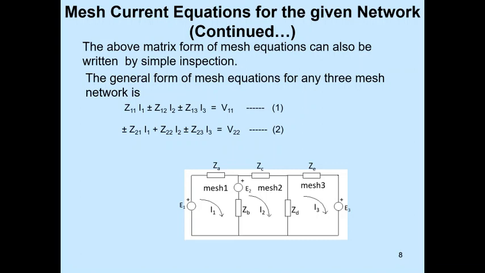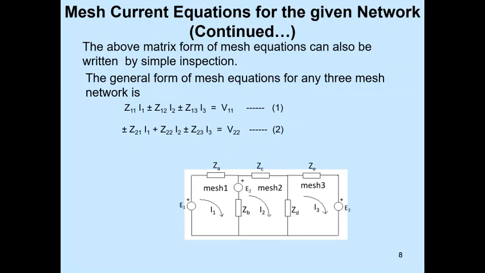What is Z11? Z11 is the input impedance, Z12 is the transfer impedance from mesh 1 to mesh 2, Z13 is the transfer impedance from mesh 1 to mesh 3, and V1 is the voltage appearing in mesh 1.